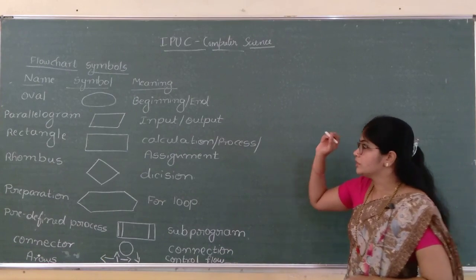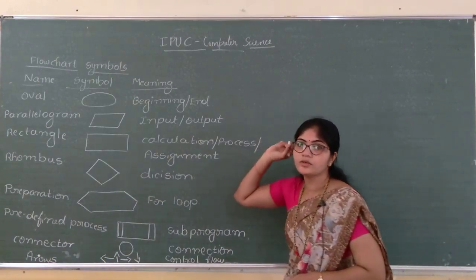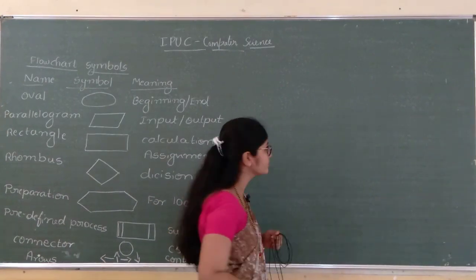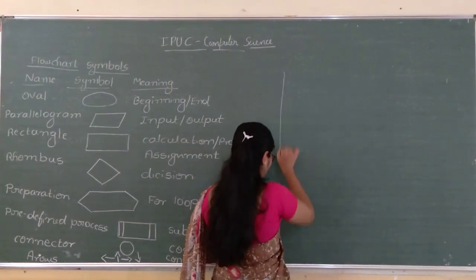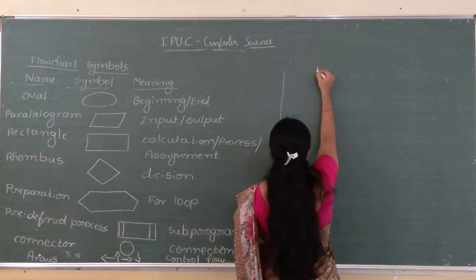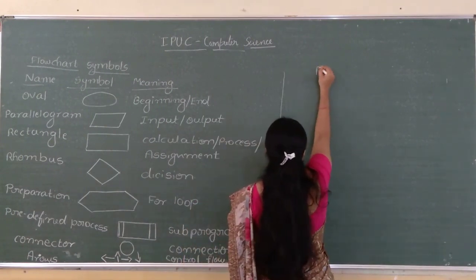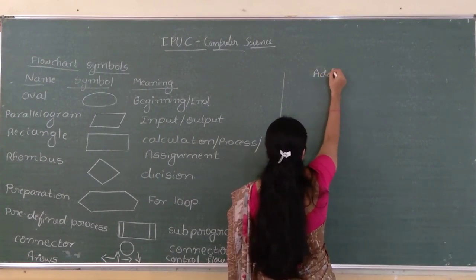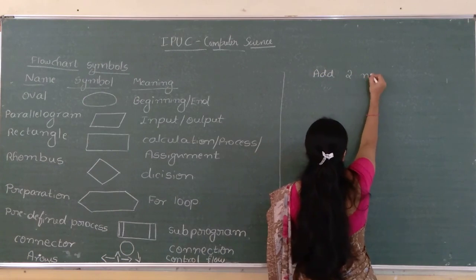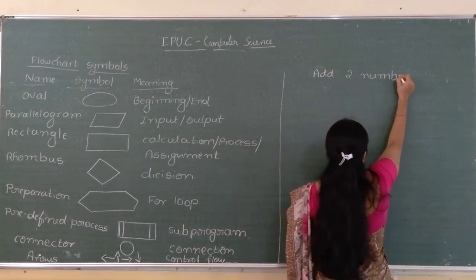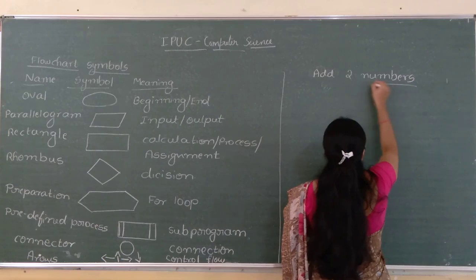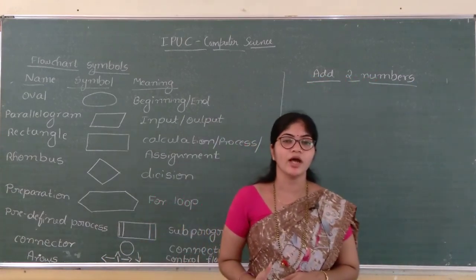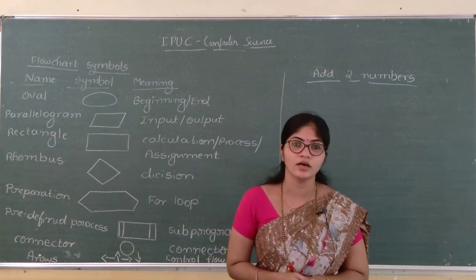Okay. We shall draw a flow chart to add two numbers. In the previous classes we have studied the algorithm to add two numbers. So, what is the first step to add two numbers while writing the algorithm?